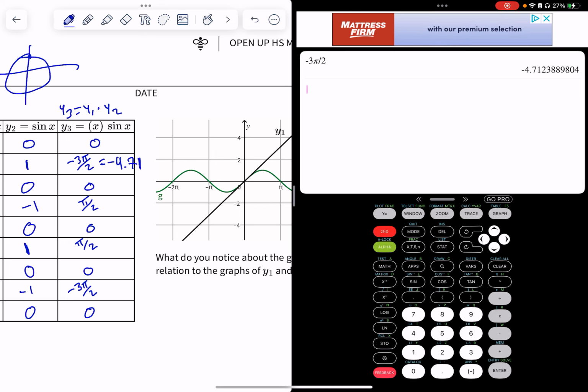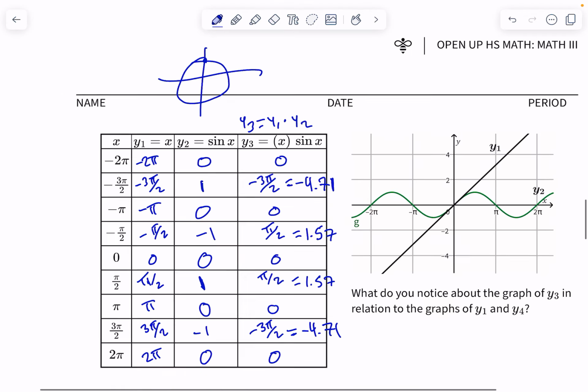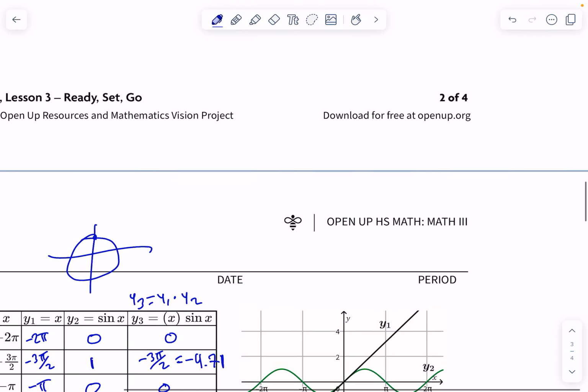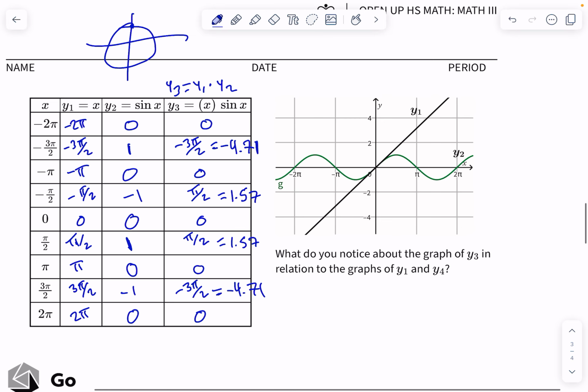Then pi over 2, that is 1.57. This one's also 1.57. And then we're back to this other one that we already know is negative 4.71. Okay, so those are our values for y3. And now let's graph those points. So let's try our best.